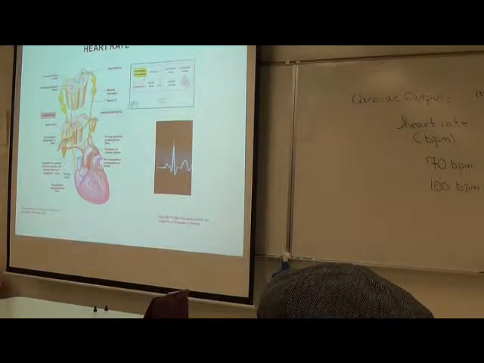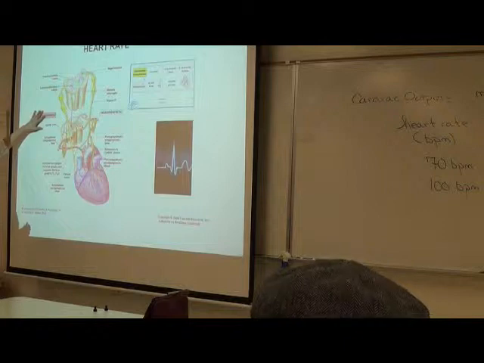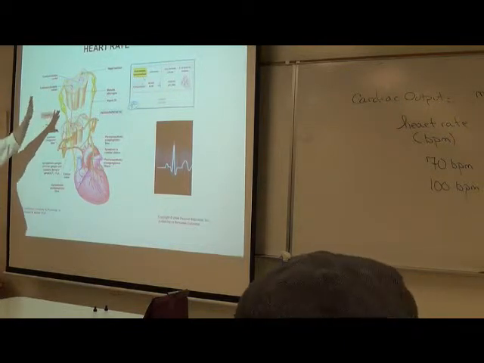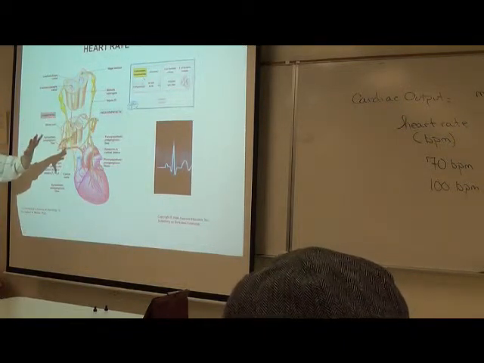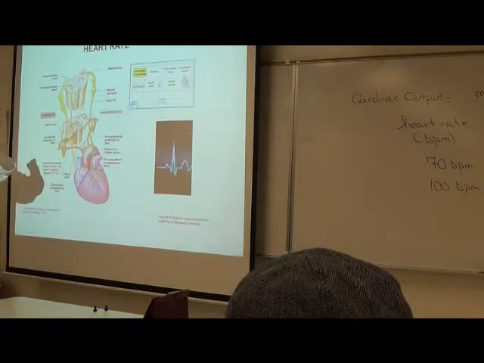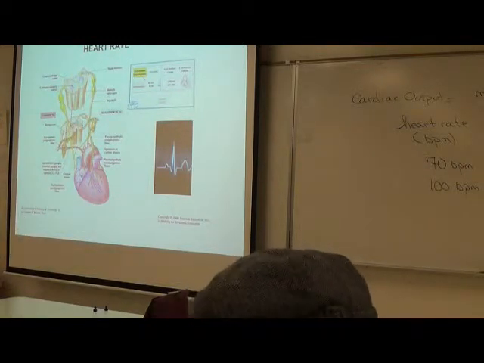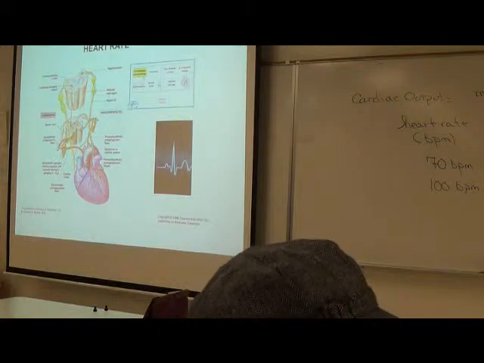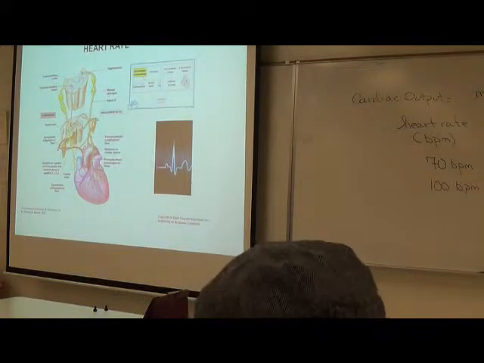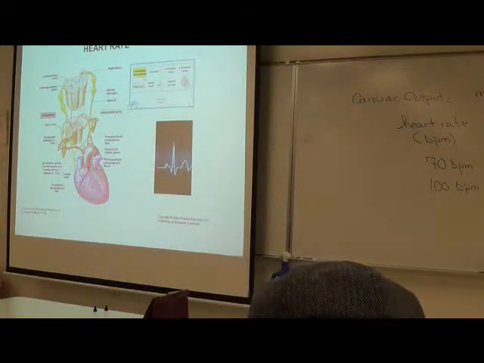So if we look at increasing heart rate, we're looking at sympathetic fibers. And sympathetic comes from what region of the nervous system? The thoracic. Thoracic and lumbar. Yep. So when we were looking at sympathetic control of reproductive, we were looking at the lumbar region.